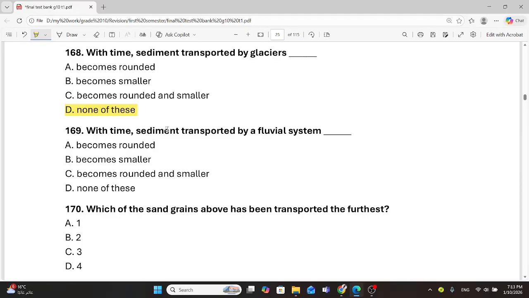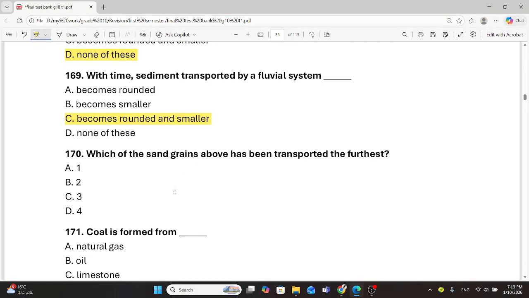With time sediment transported by a fluvial system. طيب become rounded ولا become smaller ولا becomes rounded and smaller؟ Becomes rounded and smaller. يبقى ناخد بالنا، by glacier محصلوش حاجة، بس by fluvial system become rounded و smaller كمان.